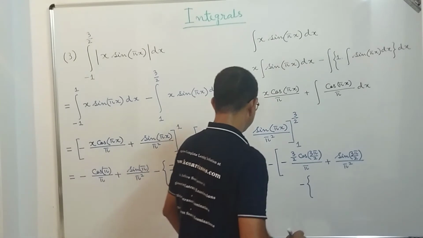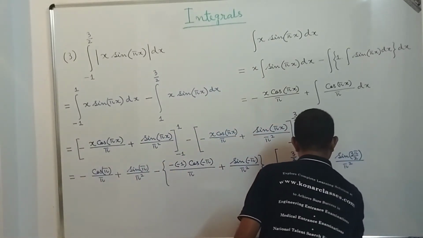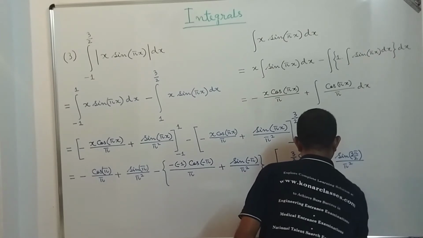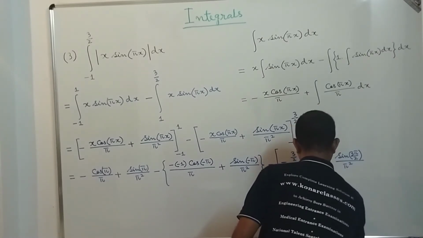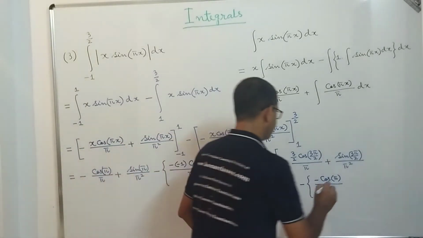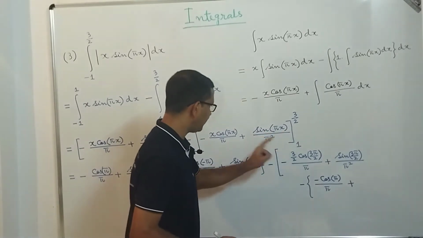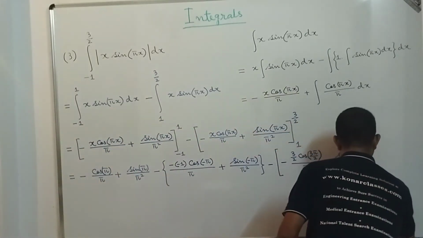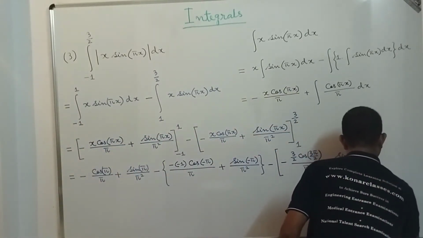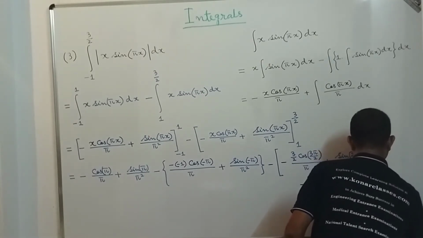So what you can write here, dear students, is minus into cos pi divided by pi, and plus we get sin pi divided by pi square.